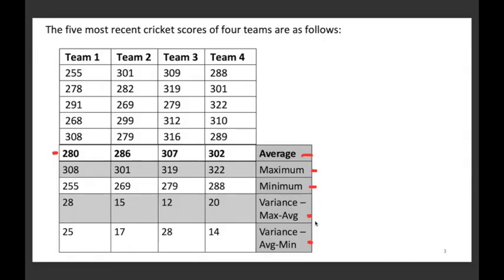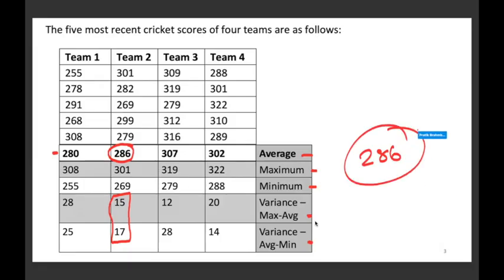So when we say consistent performance, the difference between the average and the maximum and the minimum score has to be minimum for that team. Now, of all of this, team 2 is the only one with both the values on the lower end. So the correct answer will be the average of team 2, which is 286.